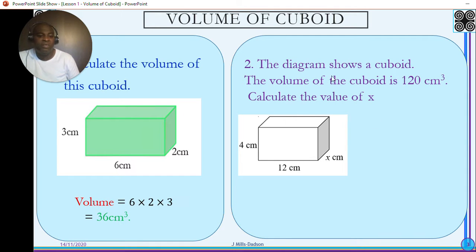This question is the reverse. A cuboid is given as having a volume of 120 cm cubed. Height is given, length is given, width is missing. So you just go by the same formula. The volume, which is 120, is equal to 4 times 12 times a number. That is the x.